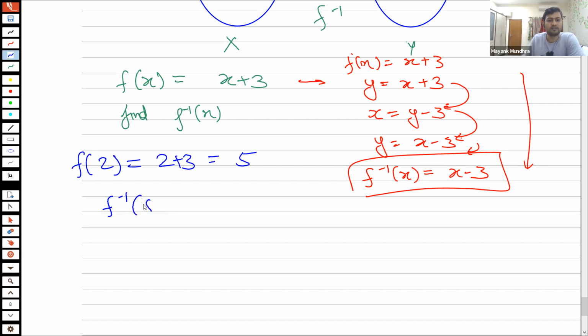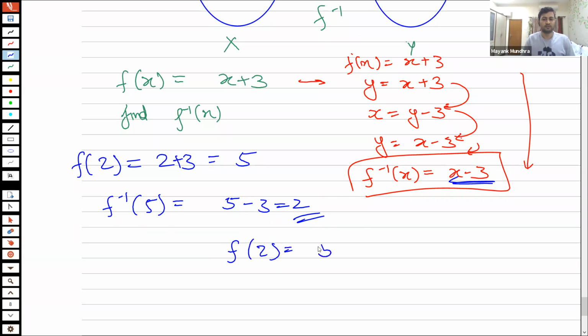So let us check if f inverse of 5 is giving me 2. f inverse of 5 will be equal to 5 minus 3, according to this formula. So f inverse of 5 is 2. So this works. f of 2 is 5 and f inverse of 5 is 2.